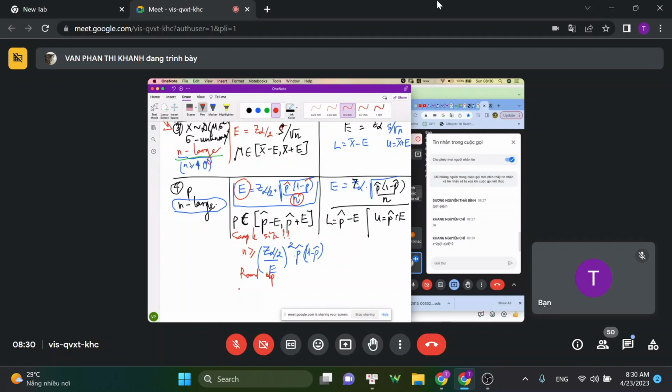But please take note, class. In case you have to define the sample size before doing the experiment, it means that p hat is unknown. You haven't done any experiments, so you don't have the estimate of p. You just want the sample size.